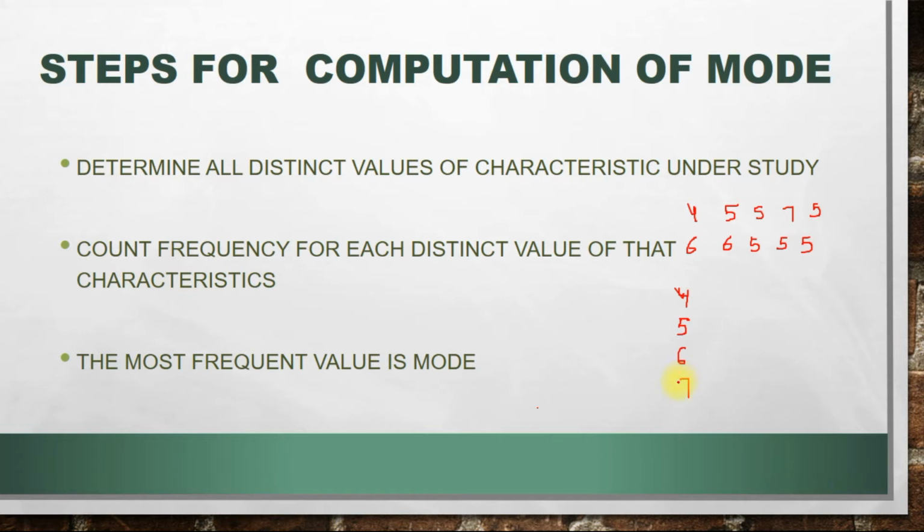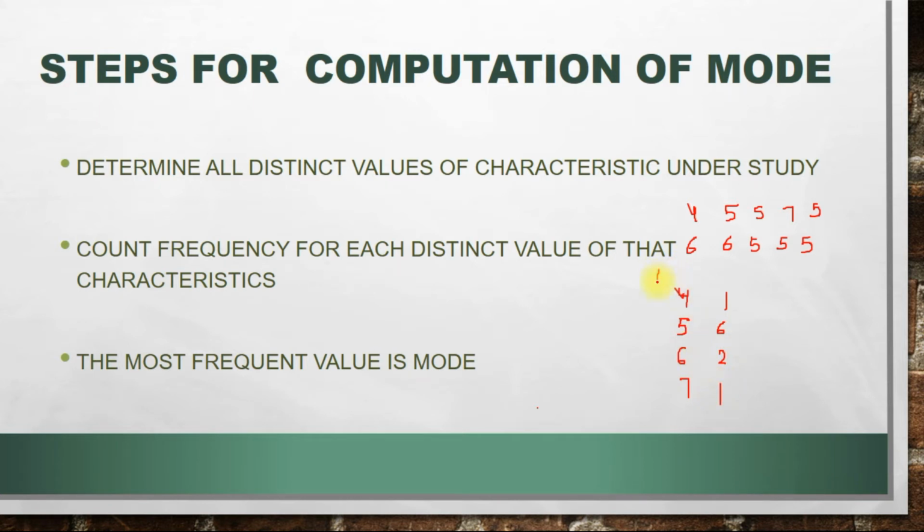The second step is to count the frequency of each distinct value of that characteristic. Now we have to count. 4 occurs only one time. 5 occurs 1, 2, 3, 4, 5, 6 times. For 6 it will be 2 and for 7 it will be 1.